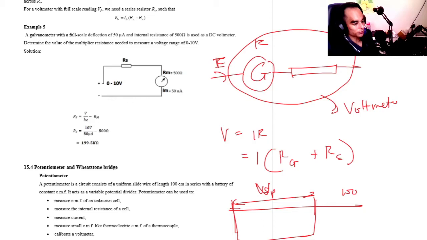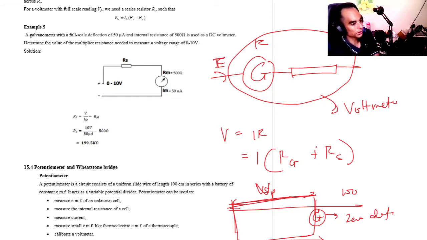If the voltage Vp equals Vs, the galvanometer will show a 0 deflection. Okay, so potentiometer is when the top equals the bottom and the galvanometer shows 0, so you can make a calculation.